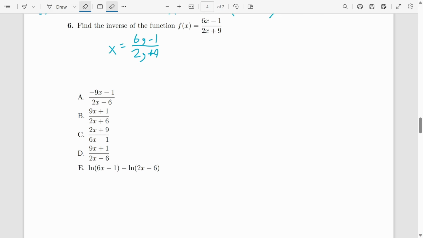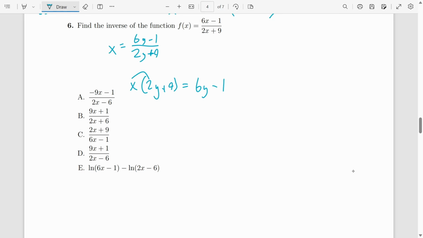So that's how we find inverses. Now actually going about and doing it, solving for y. Let's see. I think a good first step is multiplying both sides by the denominator of that fraction. So we multiply both sides by 2y plus 9. And that equals 6y minus 1, the numerator.